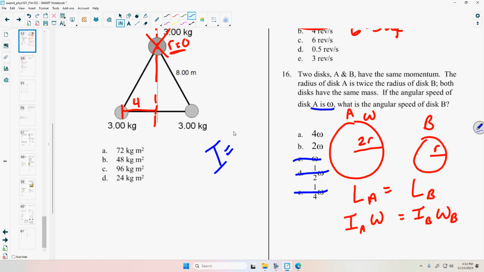So I is equal to 1/2 mr squared. So since the radius is twice, that means the moment of inertia is 4 times. That means that disk B is going to be going 4 times as fast as disk A. Whew. That's a difficult question.